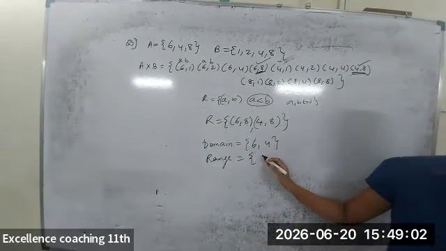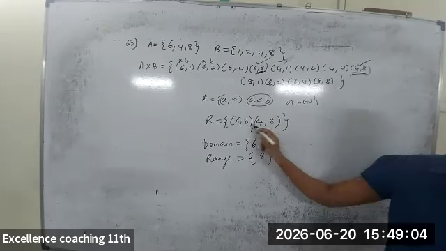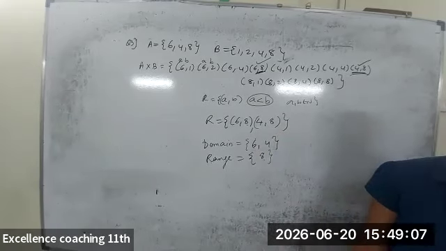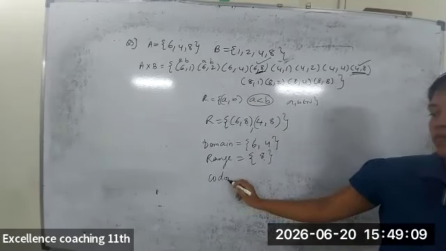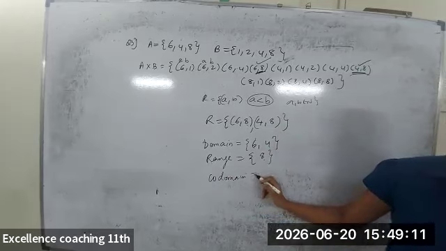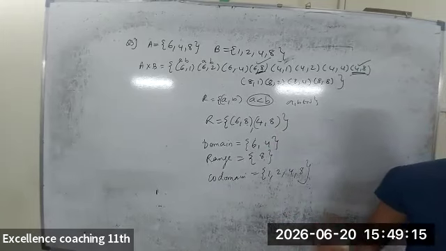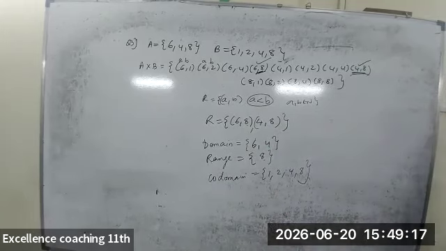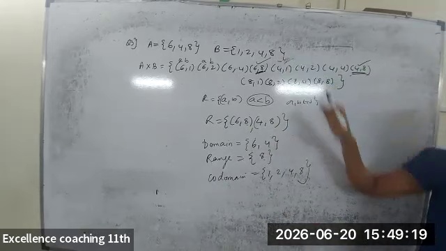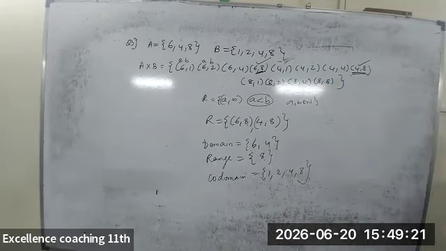There's no point writing 8 again. Full set B we have to write. Codomain means, irrespective of who is connected to whom, the entire set B we have to write.